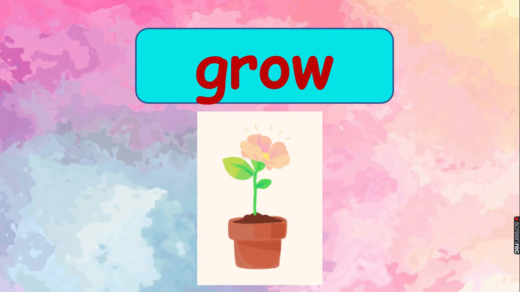Grow. So, after talking about the characteristics of living things, we all know that all living things grow from small until they get so big.